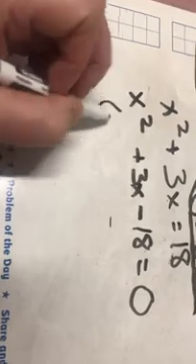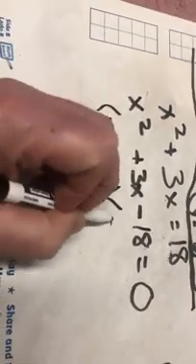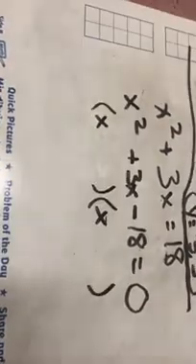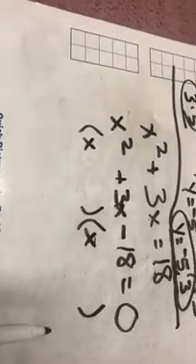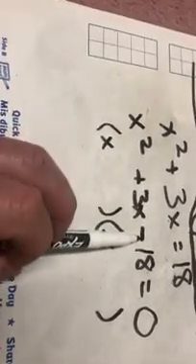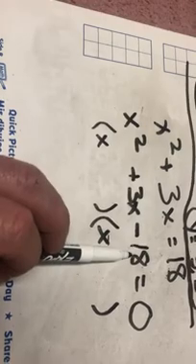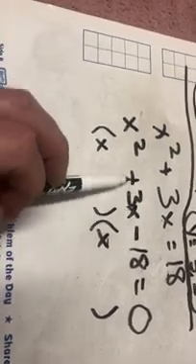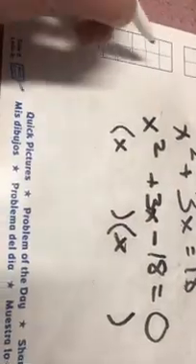There's my x squared, so it's going to be x and x. And now, once again, I'm looking for two numbers multiplied together that equal negative 18, added together equal a positive 3. Well, I've got to think about my combinations that can equal 18.